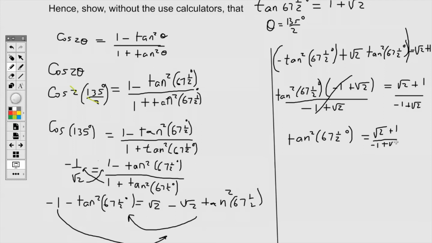Now, right here, we need to rationalize. The conjugate of the denominator is minus 1 minus root 2.